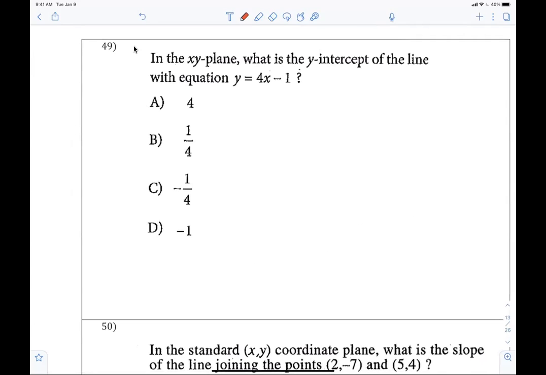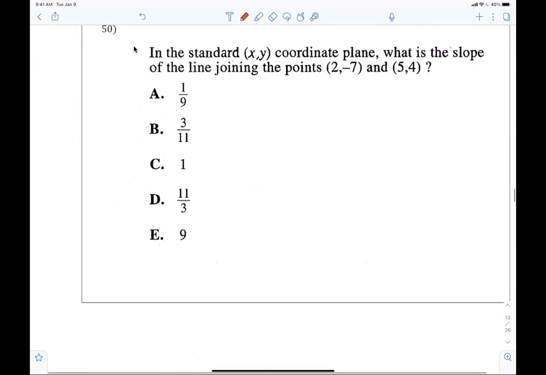What's the y-intercept for 49? Yeah, easy. 50. Tell me the slope of the line. D. 11 over 3. Now remember, it's so beneficial for you not to just put D down. You should be calculating the slope yourself.